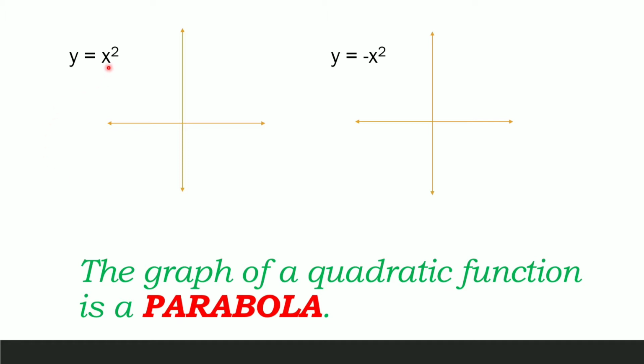Okay? So that's quadratic function. So the graph of y equals x squared is a parabola which originates from the origin. Ang tawag natin doon sa lowest point niya is vertex. So yung vertex ng y equals x squared ay nasa origin.